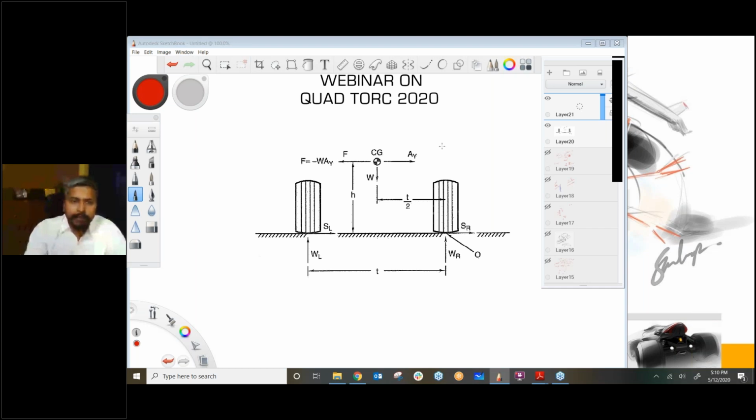This will give you load 2. This gave you load 1. Now see which load is greater. Suppose this one is greater, so use it in the analysis. If this one is greater, use this in the analysis. So this is up to you. You have to calculate both the things, and do not forget about factor of safety.